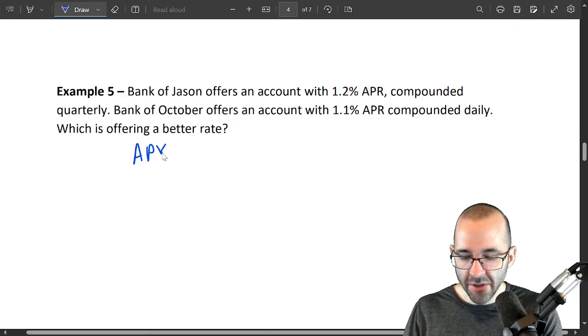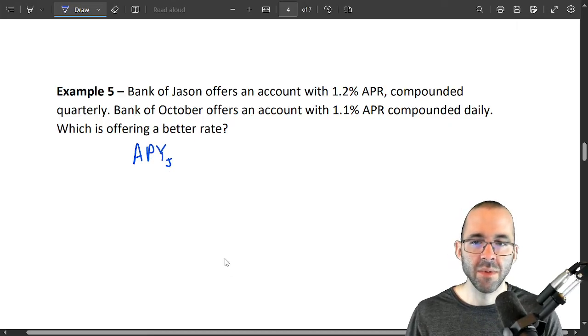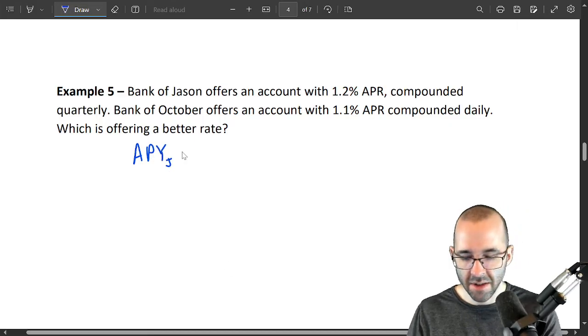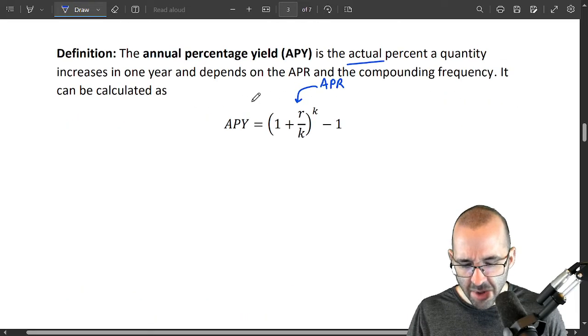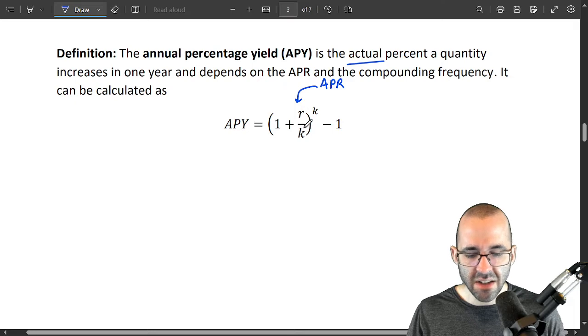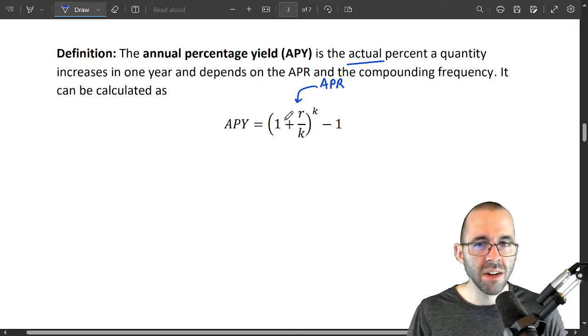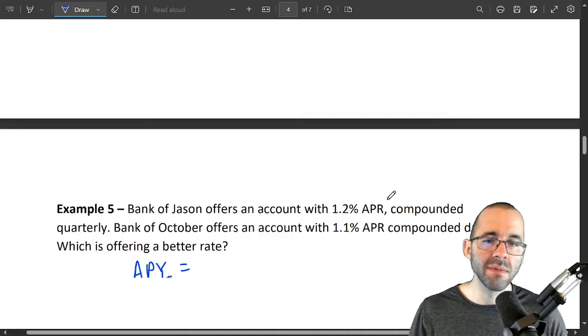So APY for the Bank of Jason, we can write a little J subscript, is going to be, what was our formula again? 1 plus R over K. It's very similar to the compound interest, just no principal, or the principal is 1, and then we subtract out that 1 later.